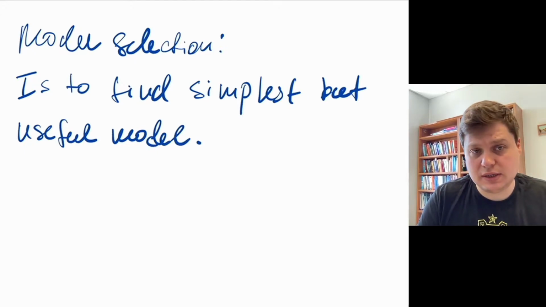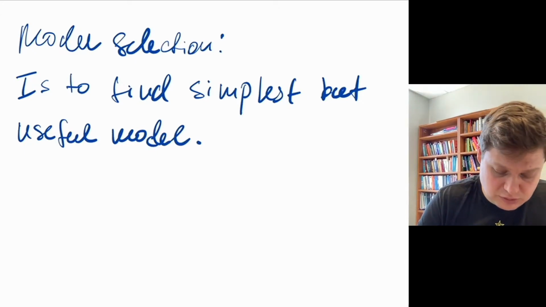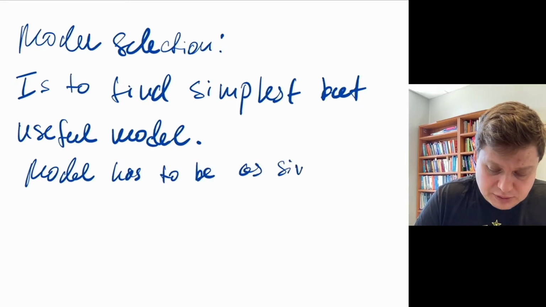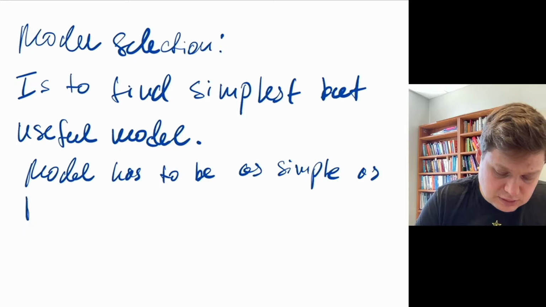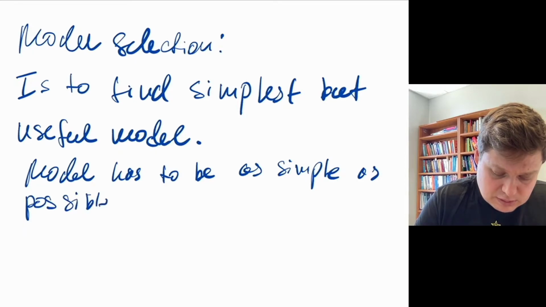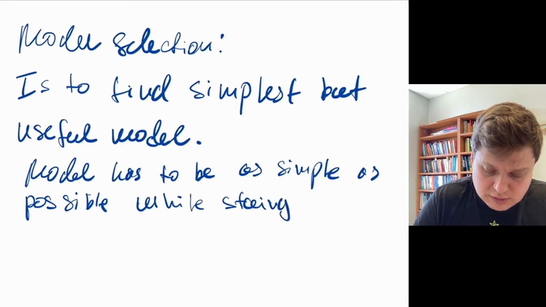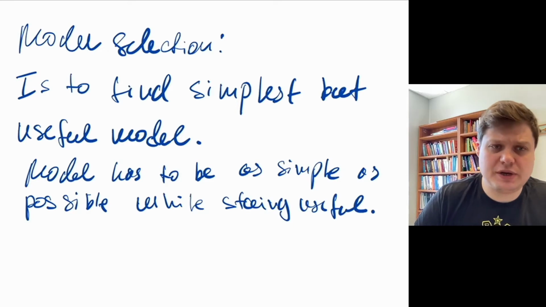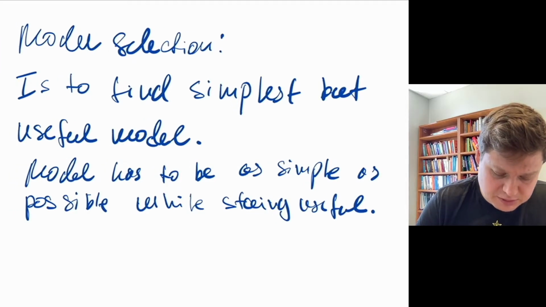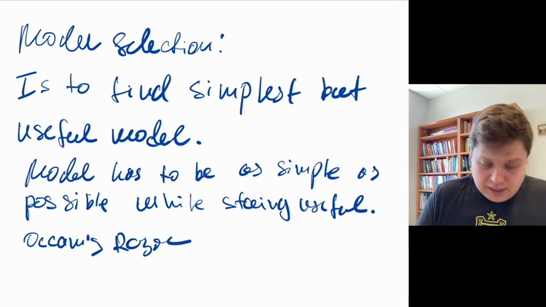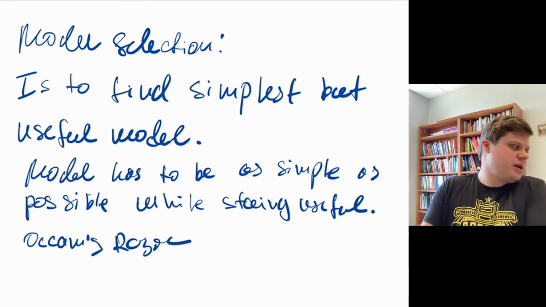So the model has to be simple but not too simple. So the principle is that the model has to be as simple as possible while staying useful. And in machine learning, they call this principle Occam's razor.